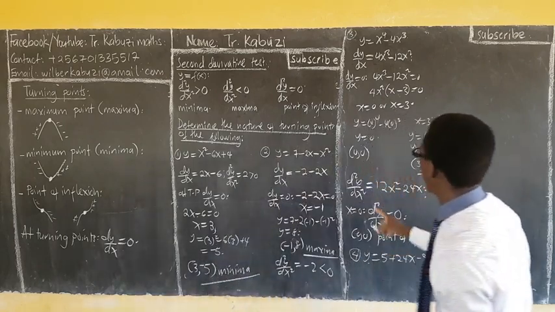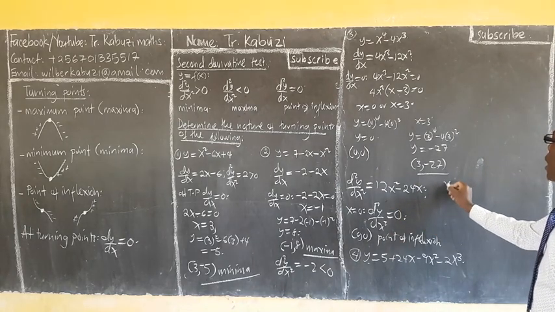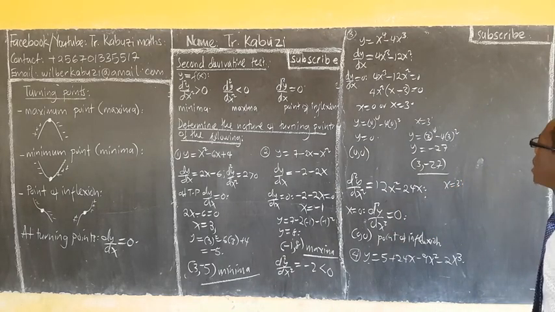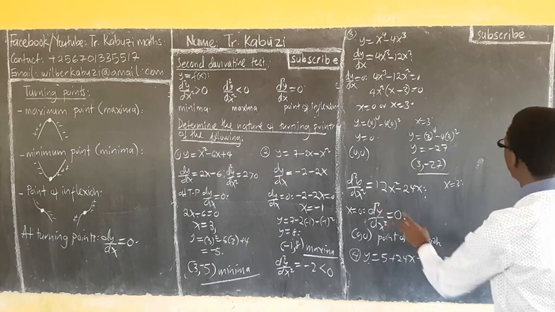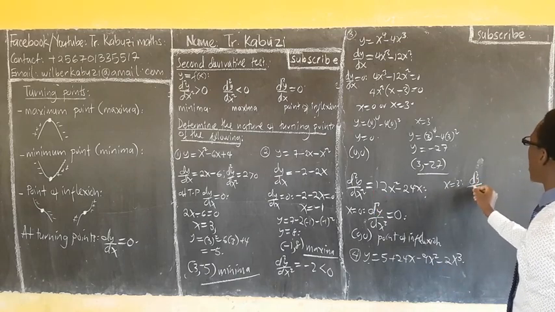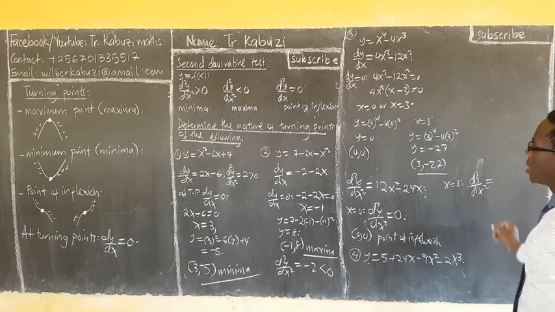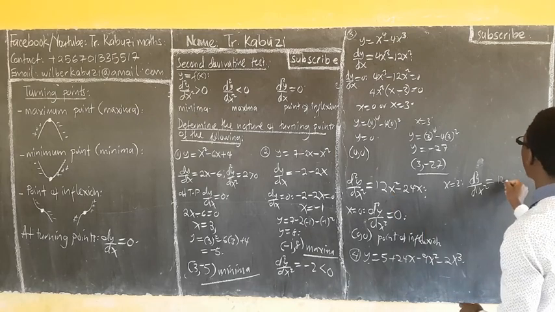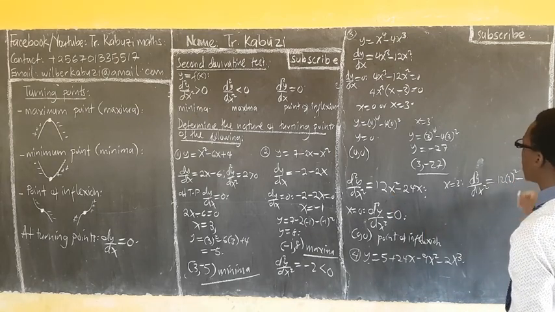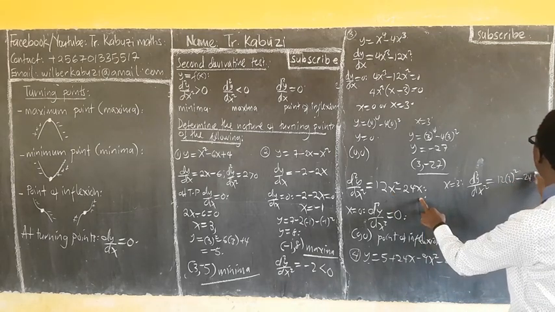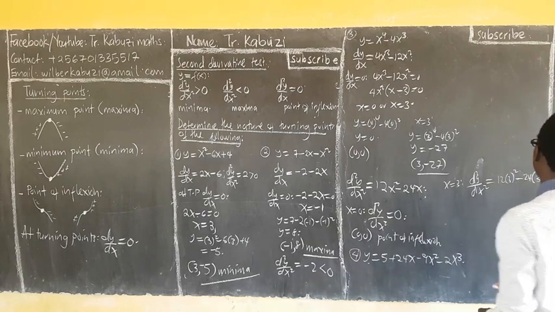Now I substitute when x is equal to 3. The second derivative will be 12 into 3 squared, minus 24 into 3.